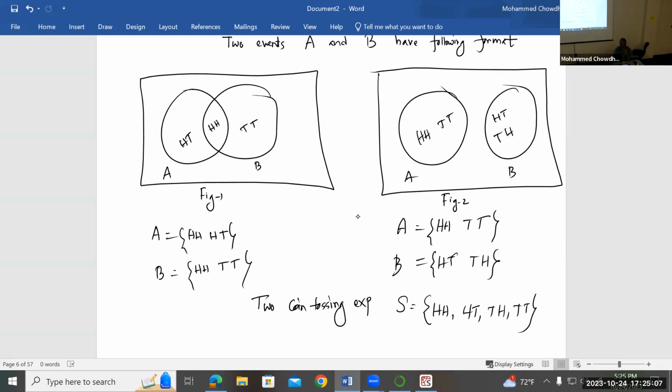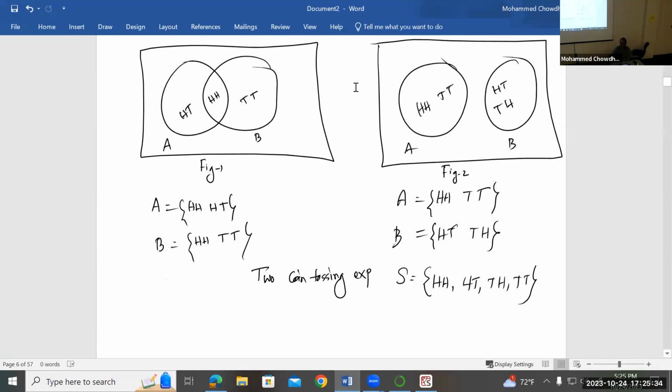Understand? One of your classmates said figure 2, A and B are independent. What about the other six students in the classroom? Let me come from the back. What is your opinion? Figure 1 or figure 2? Figure 2?